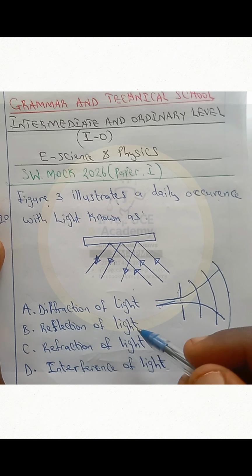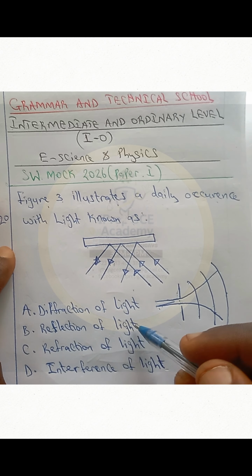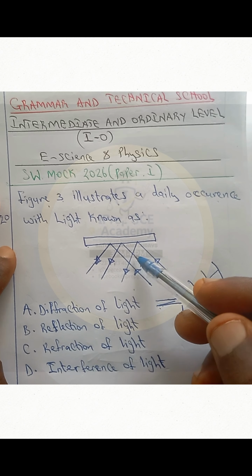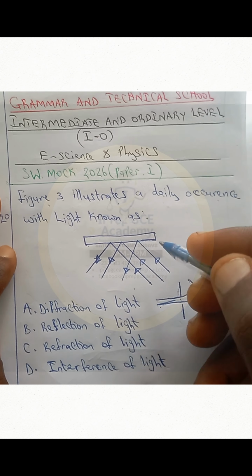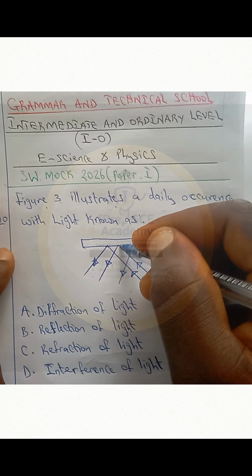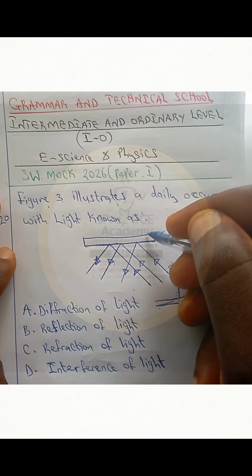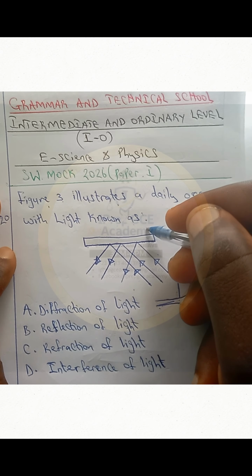Next, we have reflection of light. What is reflection? It is a change in direction of the wave or the wavefront as it hits an interface. So the wave here was coming from a medium, let's say air, and it hit this interface. The interface is the surface that divides the air from the material through which the light wants to pass.